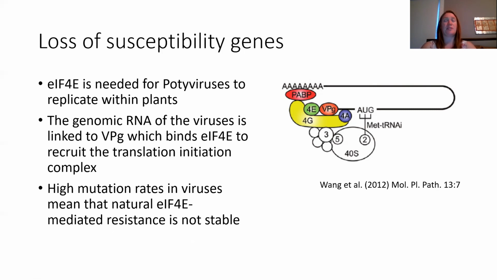And because viruses in particular are very good at mutating quickly, they generate a lot of mutations through really interesting mechanisms I can't get into today. But viruses are able to overcome a lot because of this variation that they have. And so you see a lot of progression and evolution over time of changes of this particular gene and corresponding changes in the viral VPg gene so that they can overcome that type of resistance. So it's not stable, but it is still useful in some plants.